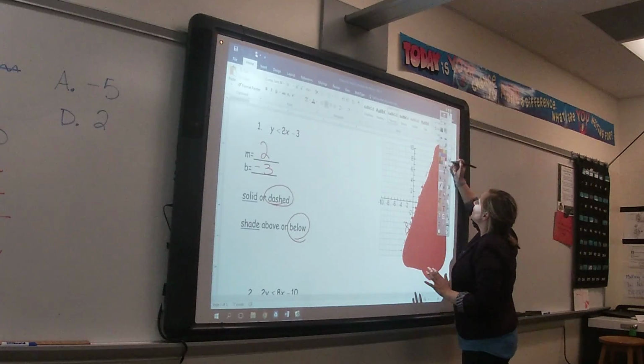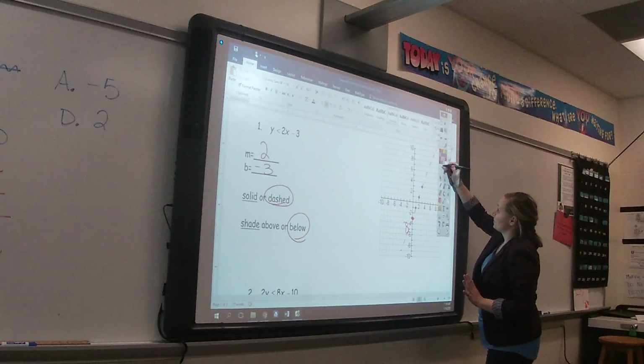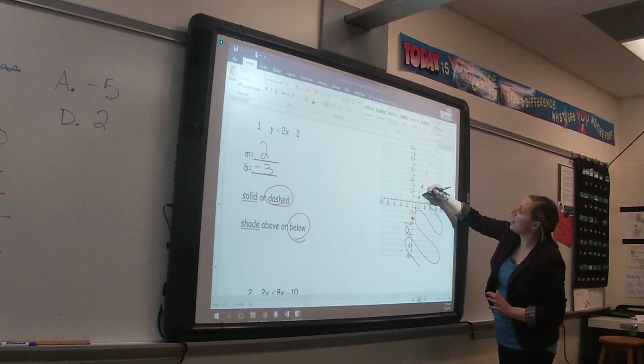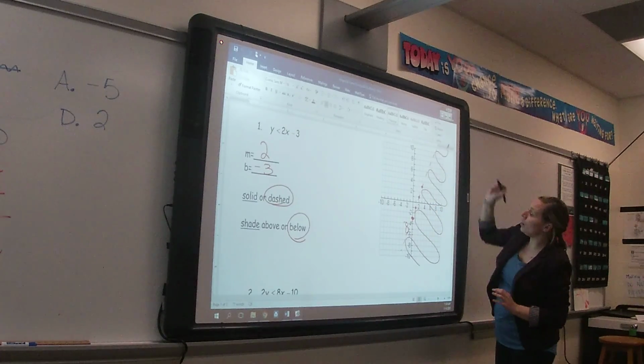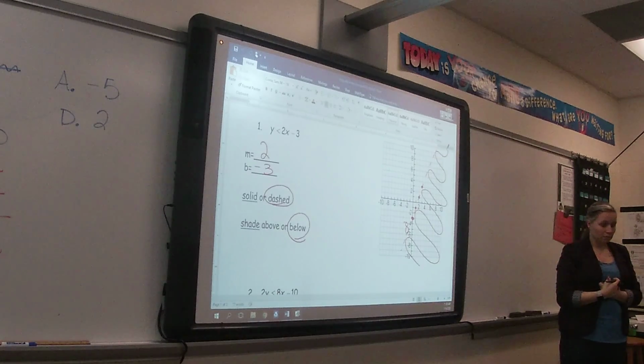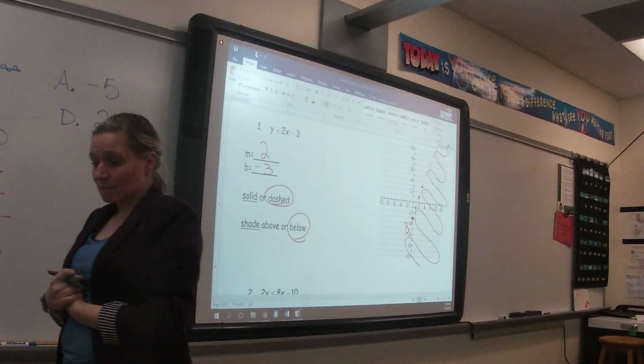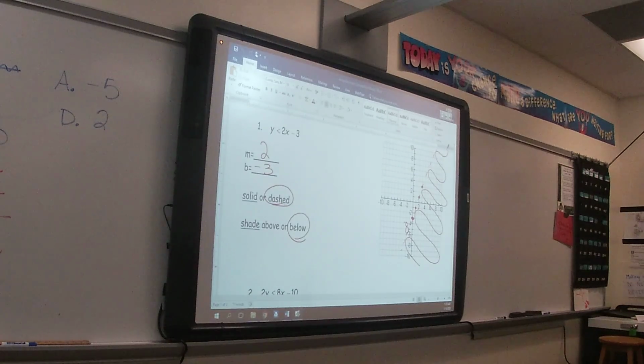We want a nice, happy medium. Where we are shading all of this area all the way across. And again, this isn't so much for this chapter and this test that I'm going to take off points. It's just going to be a good habit that's going to help you in the long run. We want to make sure we're getting all of that area, that we see all of those answers.